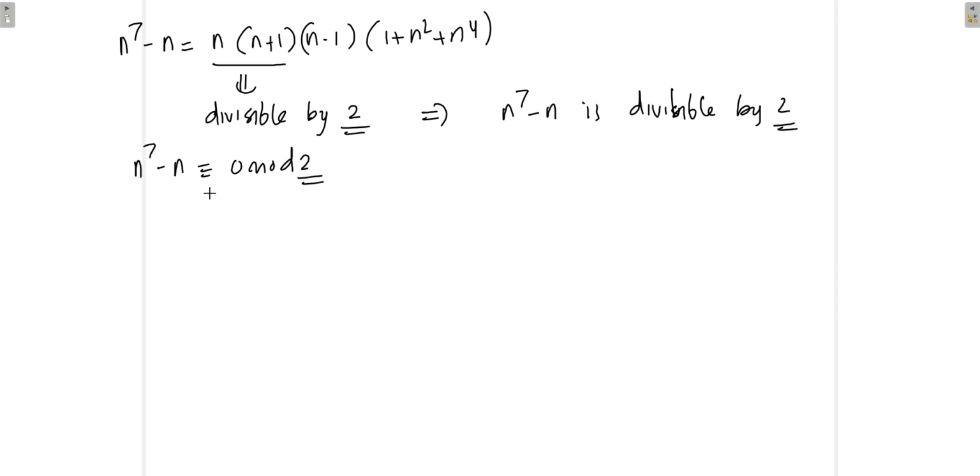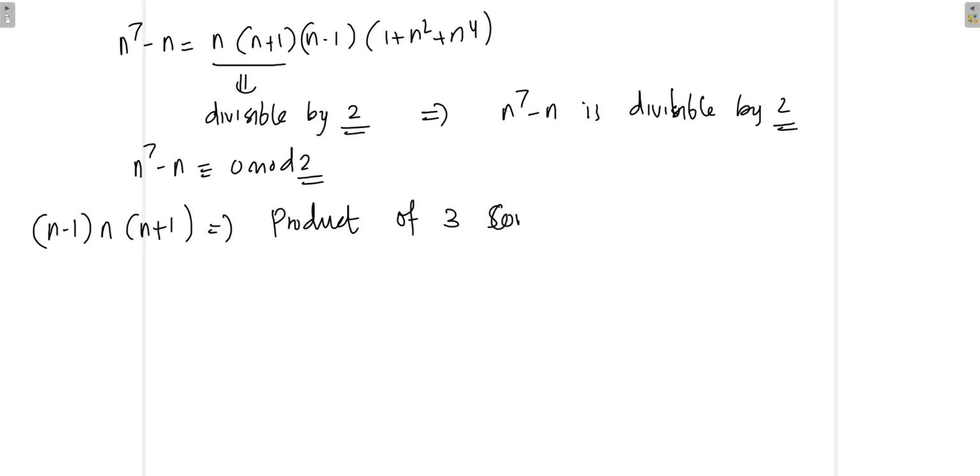Now using the same fact, നമുക്ക് n minus 1 into n into n plus 1 എടുക്കാം. This is product of 3 consecutive integers.